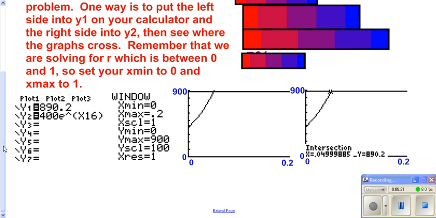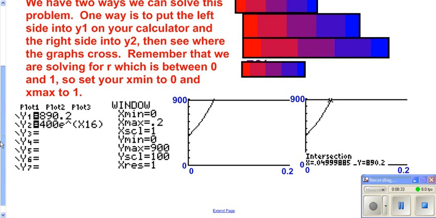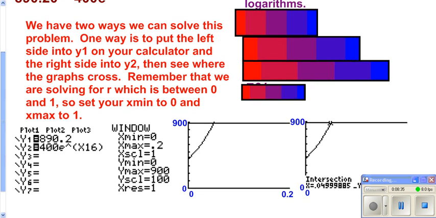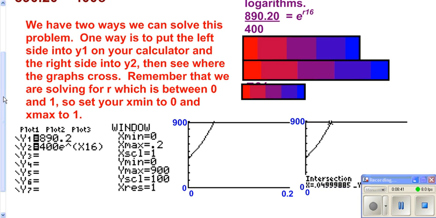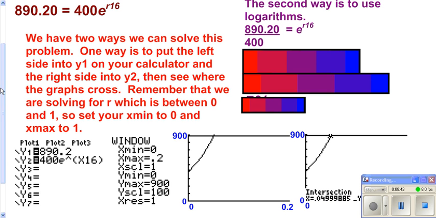We can also work this out with logarithms, if you remember your logarithms from last year. Now, we want to try to get the part that has the exponent on it on one side by itself, which we did here.